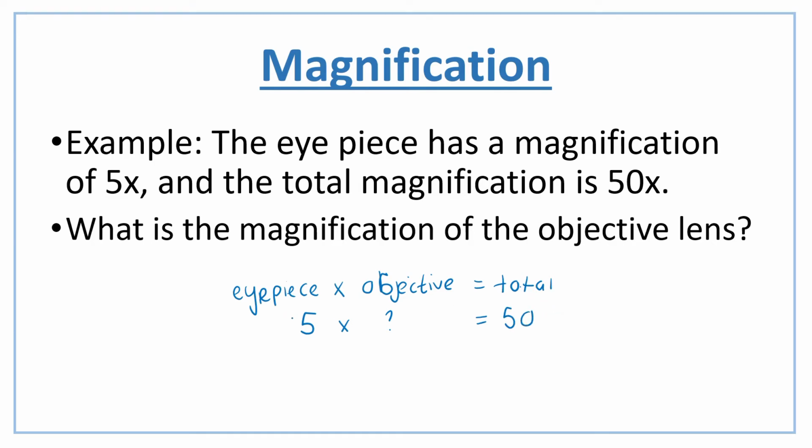So all we need to do to find out what this something is, what our objective lens is, divide by 5. And that gives us 10. So that means that our eyepiece is 5 times by 10 to equal 50. Okay, so that one is working backwards.